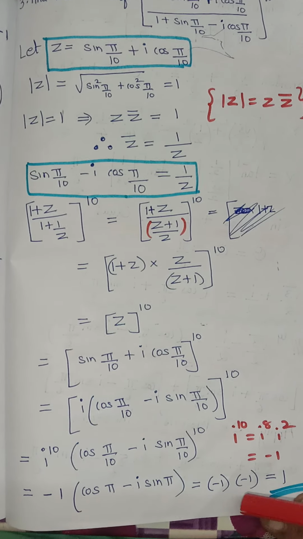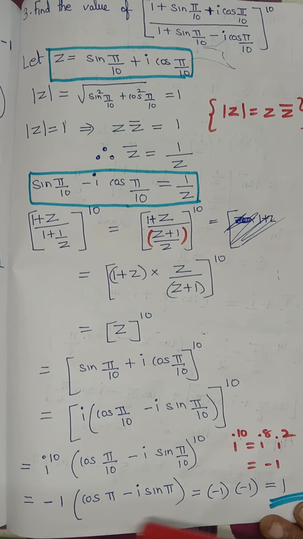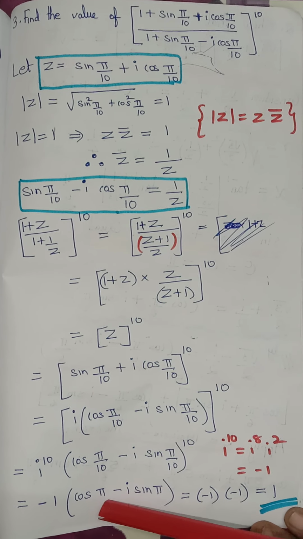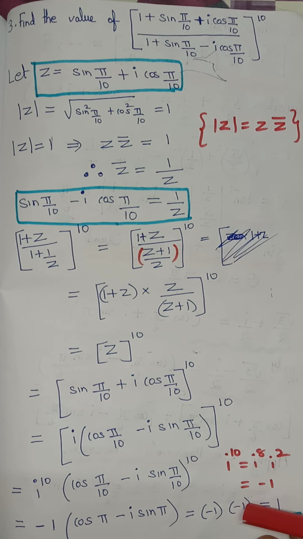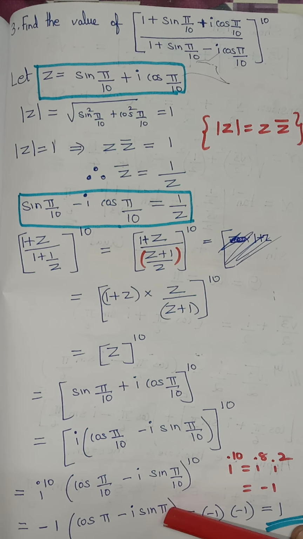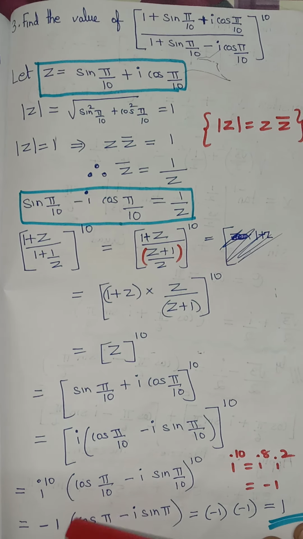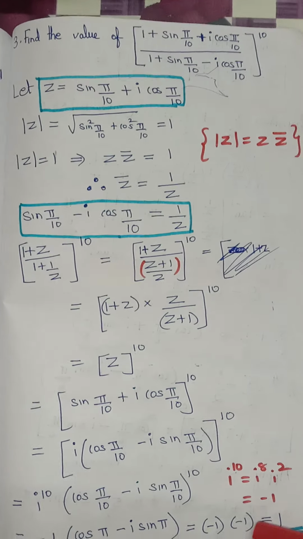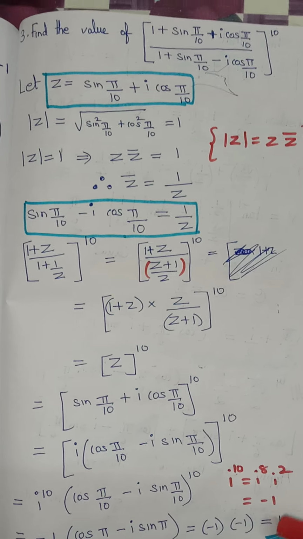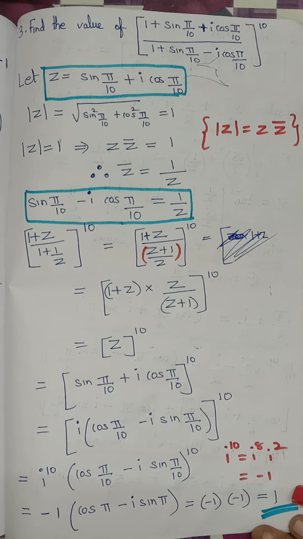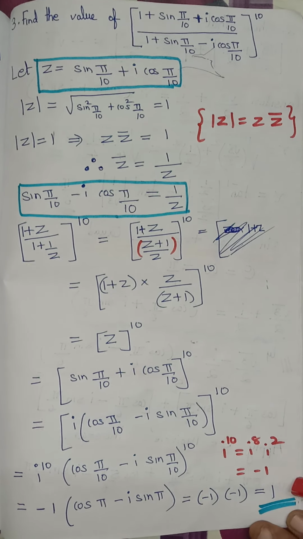Now this outside minus 1, let me write as it is. Cos π means cos 180 degrees. Cos 180 degrees is how much? Minus 1. Sin 180 degrees is 0, so this will go off. Cos π value alone we have to write, that is minus 1. So minus 1 into minus 1, what will we have? Plus 1. So the value of the given question is plus 1. Again, it is also a 3-mark question.